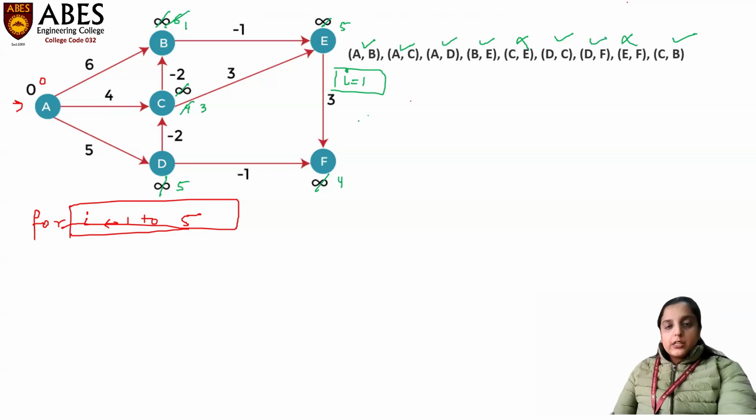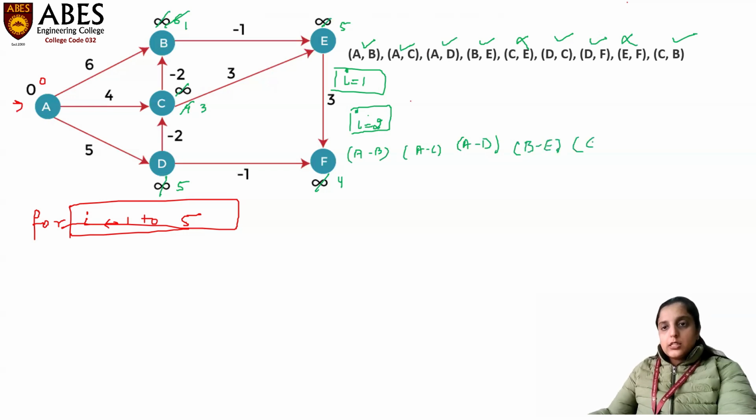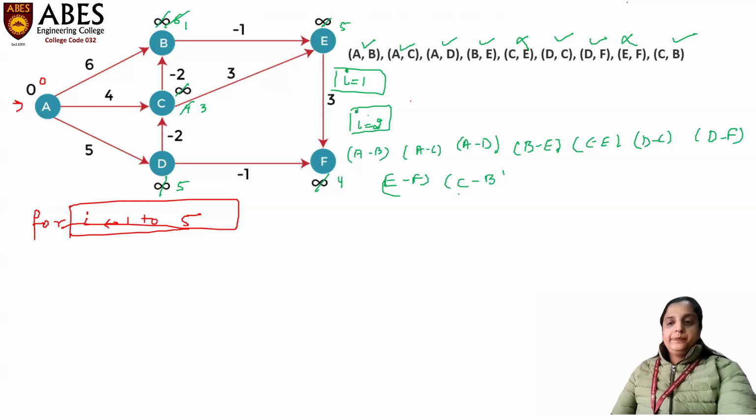Now, similarly, you will run your loop for the second time. Just note all the edges again: AB, AC, AD, BE, CE, DC, DF, EF, and last is CB.